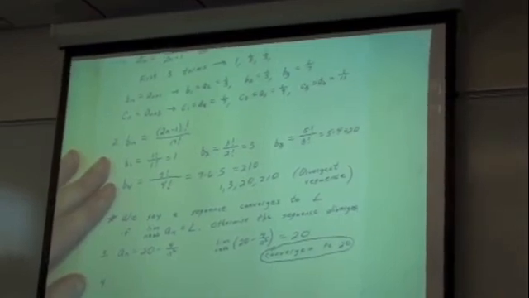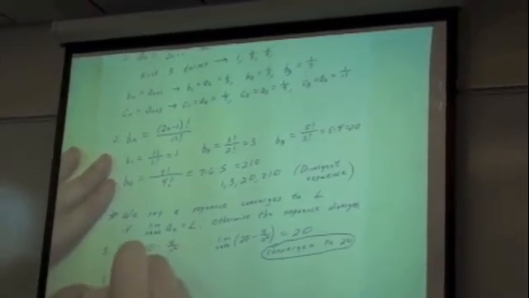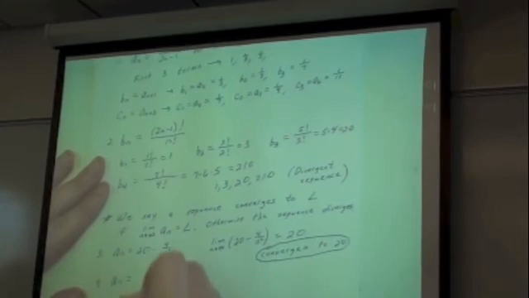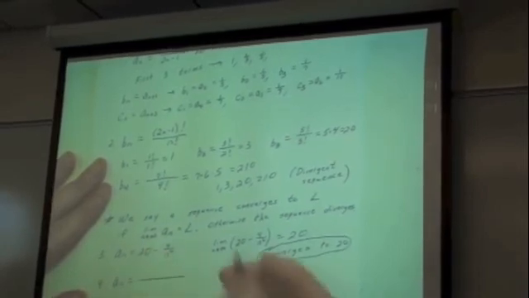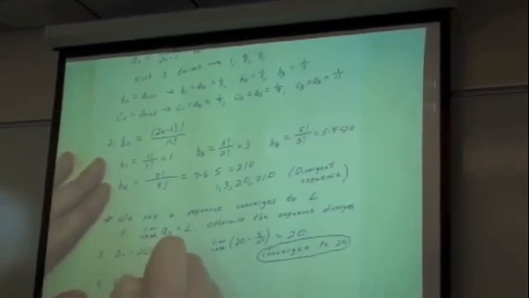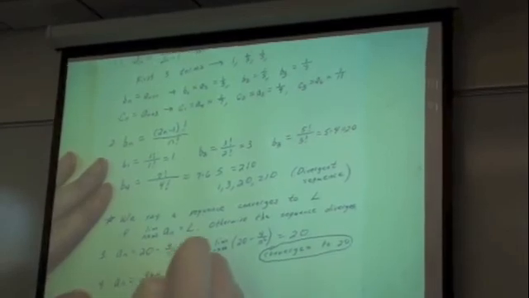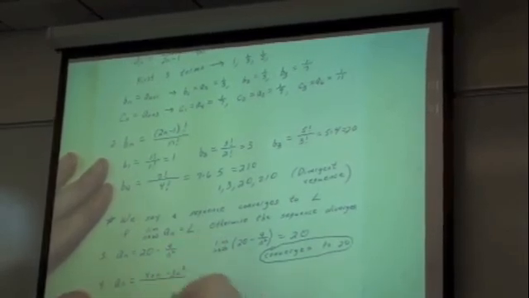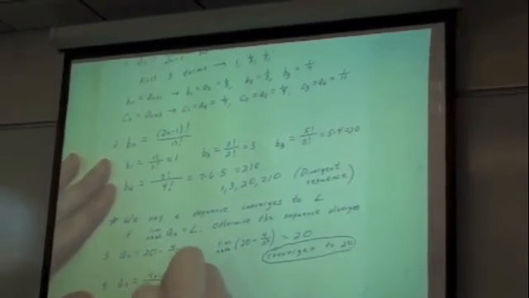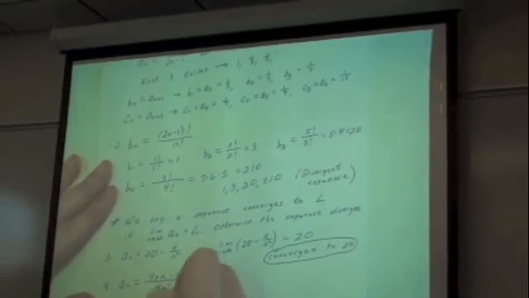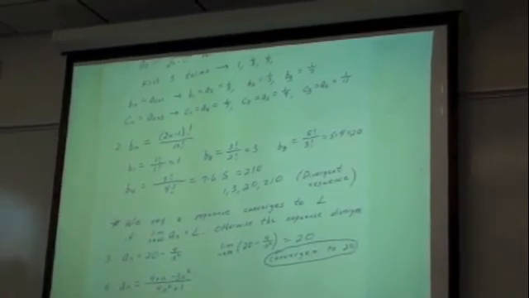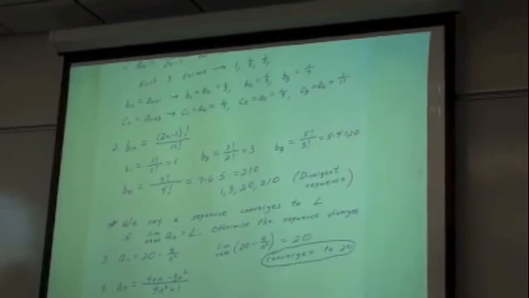Okay, number 4. What if I give you a sub n is equal to 4 plus n minus 3n squared over 4n squared plus 1? Do you remember the rule for this one, guys?